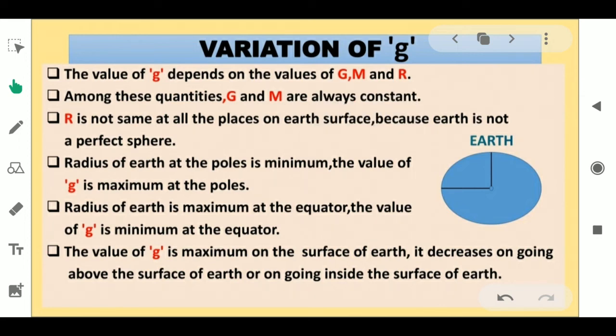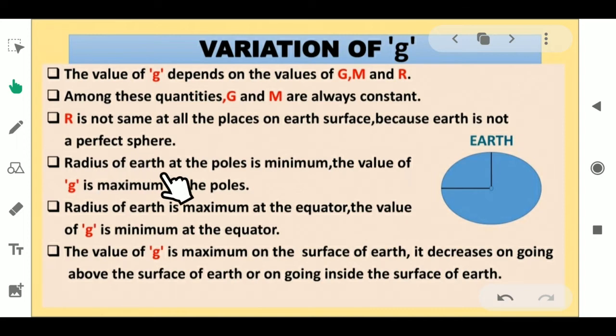But in the case of R, it is not the same at all places on Earth's surface because Earth is not a perfect sphere. If the Earth were a perfect sphere, then the radius would be equal at every point. But the Earth is not in the shape of a sphere. Therefore, R is not the same at all places on the Earth's surface.